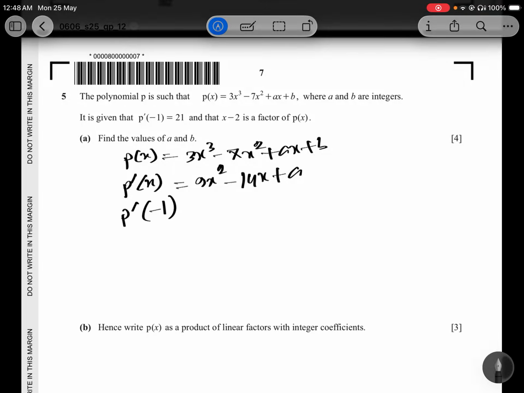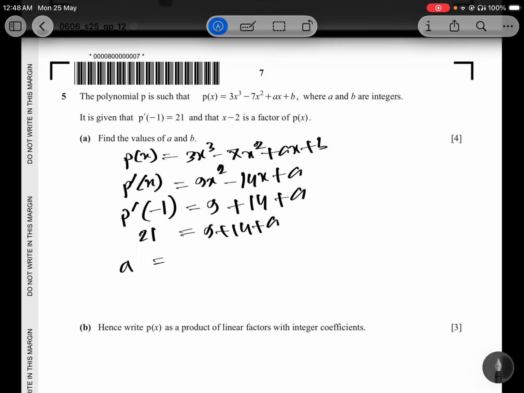P prime of negative 1, this is 21, 9 plus 14 plus a. So 9 plus 14 plus a. So our a should be, okay, 23, 21.